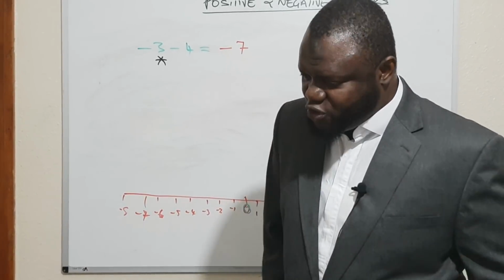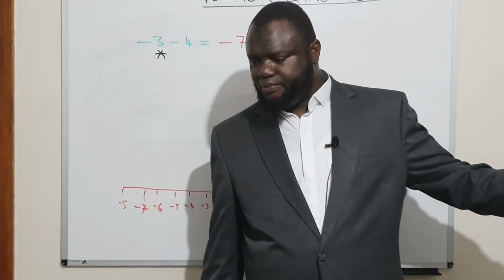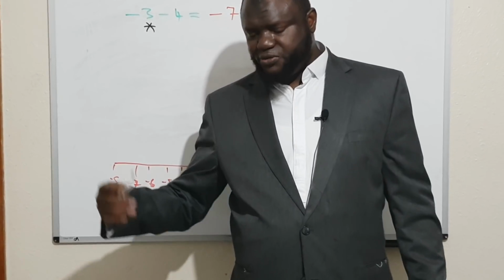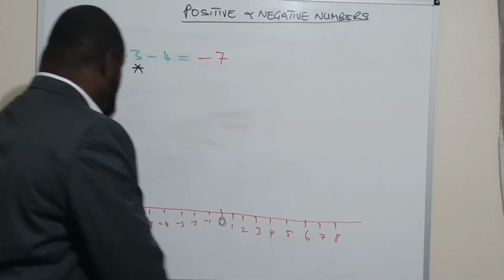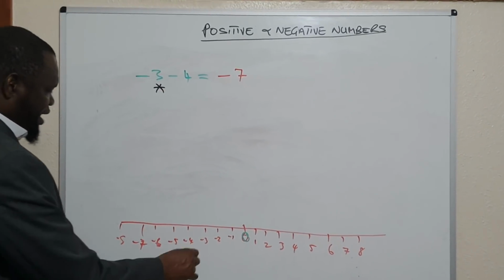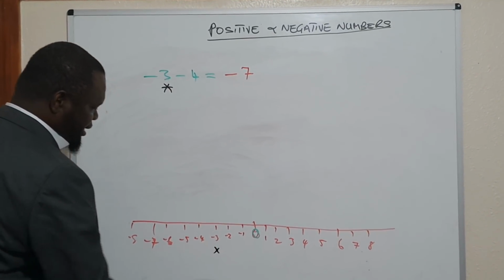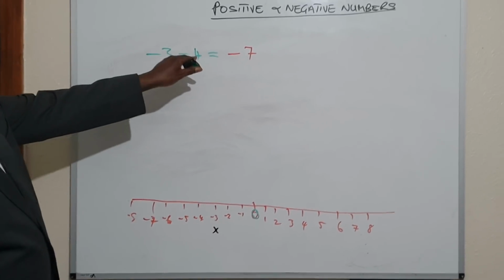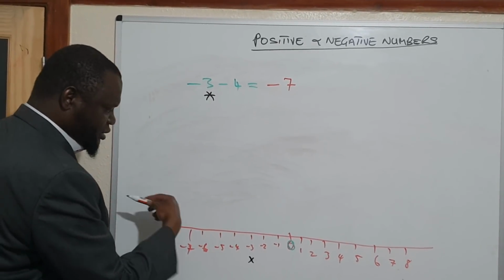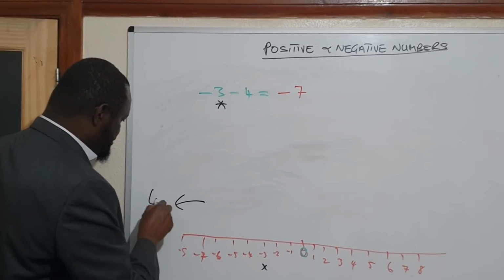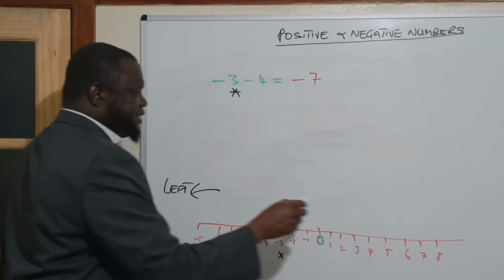If it is negative, you move towards the left. If it is positive, you move towards the right. Okay, that's clear. Now, we identify our minus 3 here. It says minus 4. When we minus, we move to the left. So you count 4 back to the left, because this is left. And this is right.